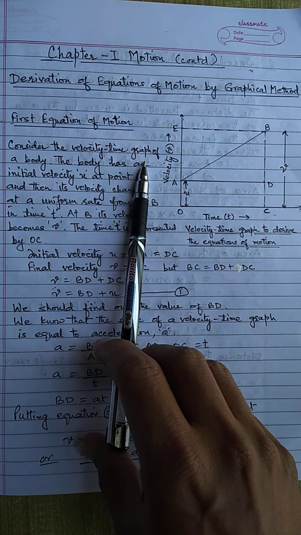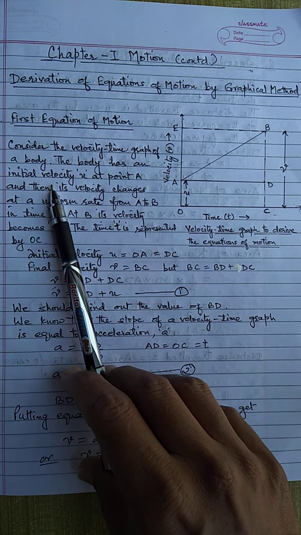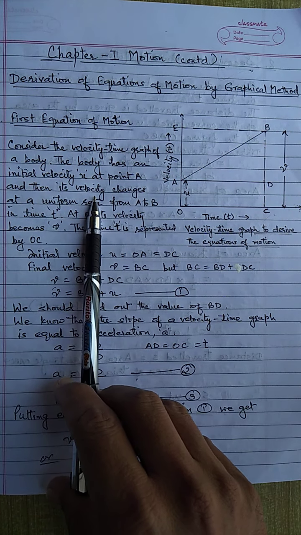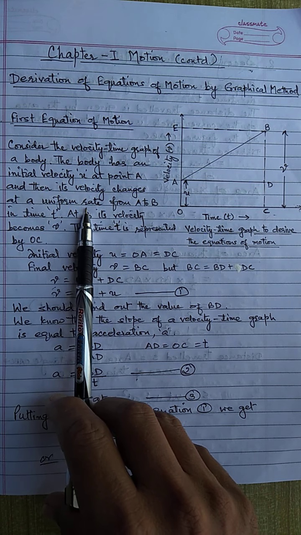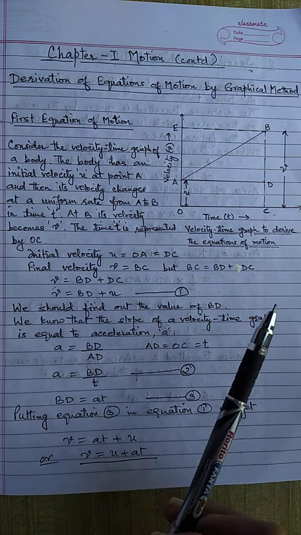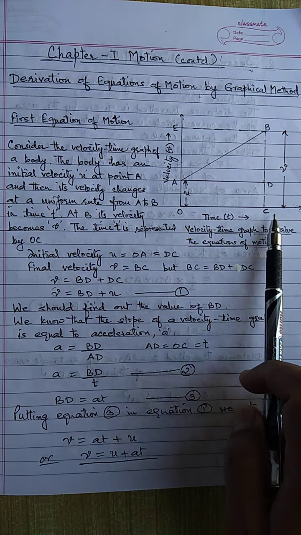Consider the velocity time graph of a body. The body has an initial velocity u at point A, and then its velocity changes at a uniform rate from A to B in time t. So this is the velocity time graph.